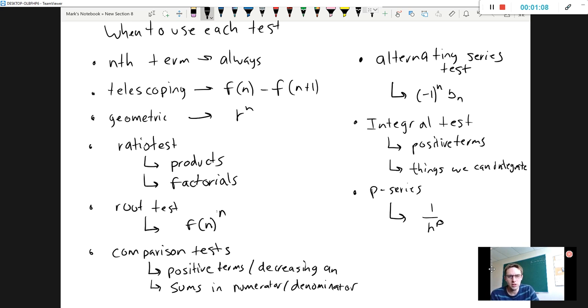Beyond that, we've got the ratio test and the root test, which we just discussed. And the ratio test tends to work well when your terms are made up of products of things, because when you have products and you divide two products, a lot of things can potentially cancel. And that's particularly convenient when you have factorials, and factorials are also problematic for many of the other series tests. And so if you have a factorial in your terms, it may be a clue that the ratio test would be worth trying.